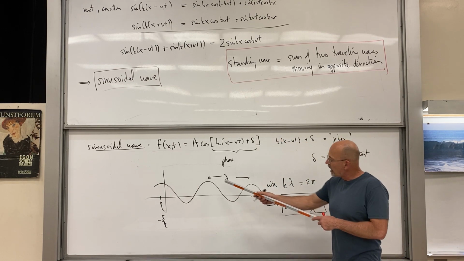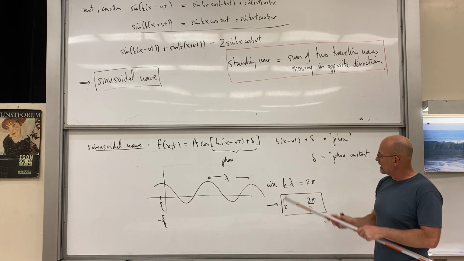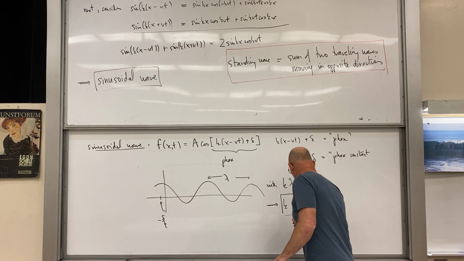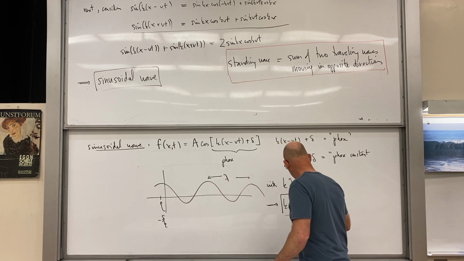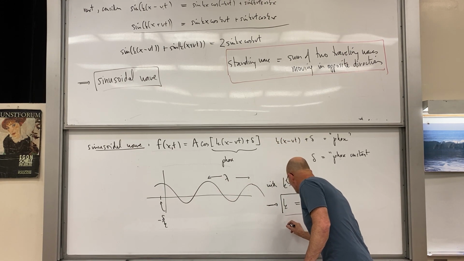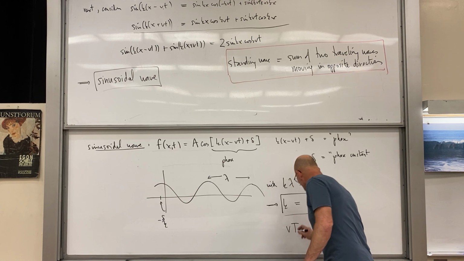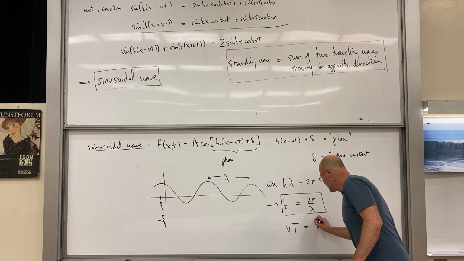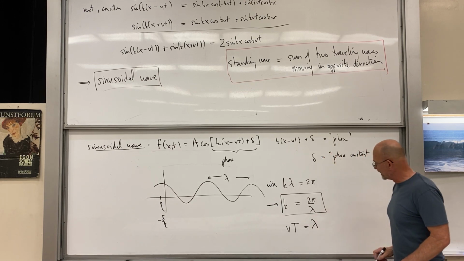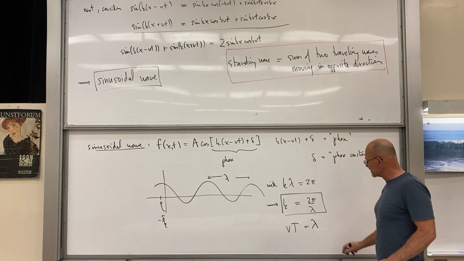Now the time required, remember this is a propagating object here, we could say would be v times t. So v times capital T is going to be lambda, a length. V times the time is equal to lambda.